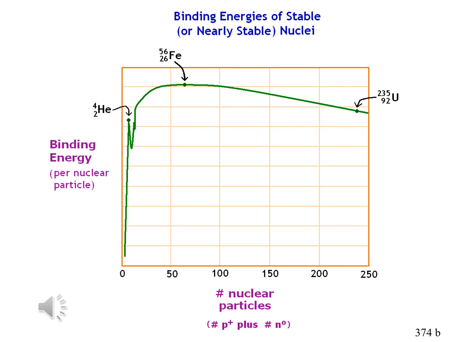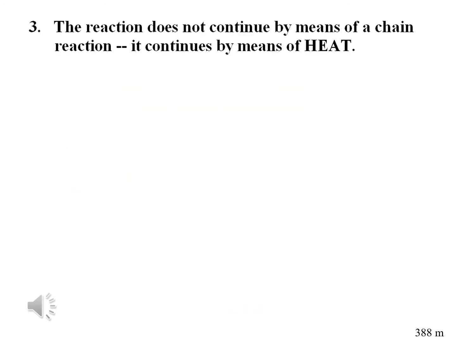But if you look at where hydrogen is down at the bottom of the graph, when you go from hydrogen up to helium, which is particularly stable, the increase is almost vertical. And so you get a greater increase in binding energy, which means you released more E equals mc squared energy. A fusion reaction does not continue by a chain reaction as fission did.